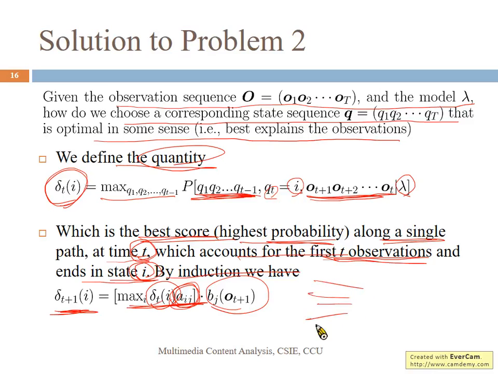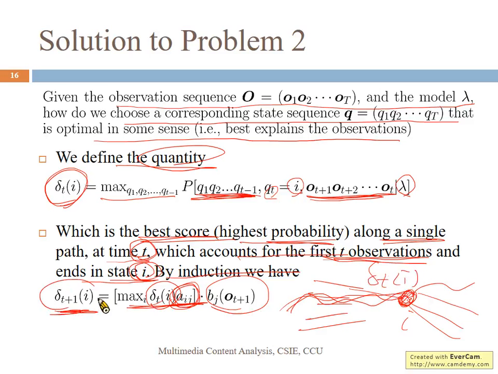That means we may have several paths ending at state i. From them, we select the best path, and then we may have several paths to go on. So this is delta t(i).